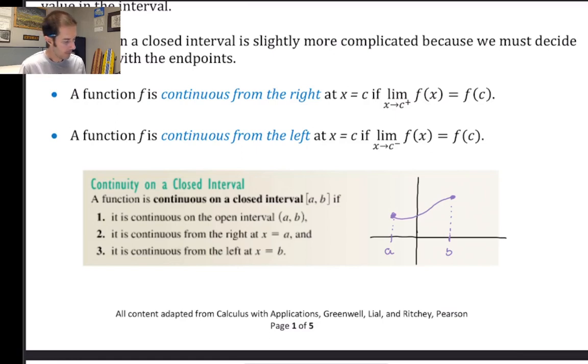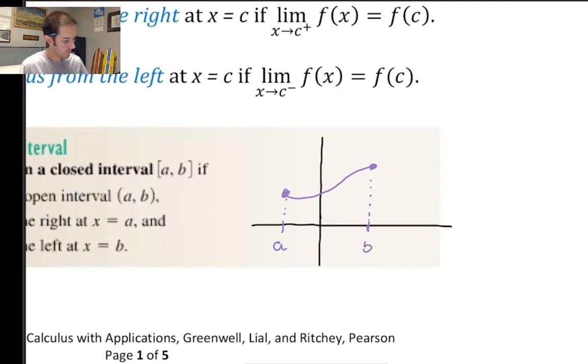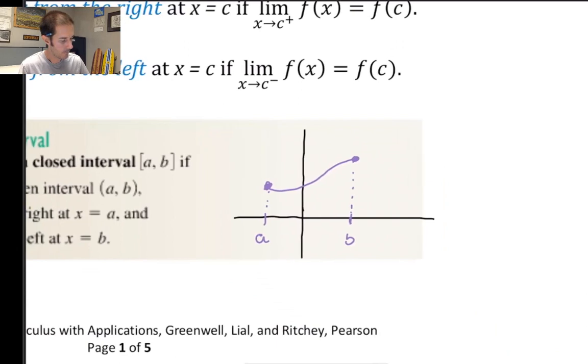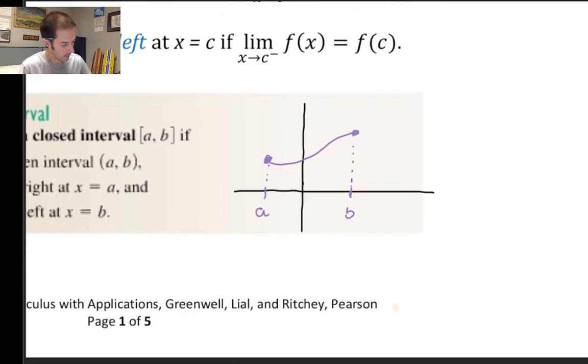At this first endpoint, as our limit approaches from the right, so if we're on this curve and we're coming in from the right, our y values must be trending toward the same y value that we're seeing when x equals a.